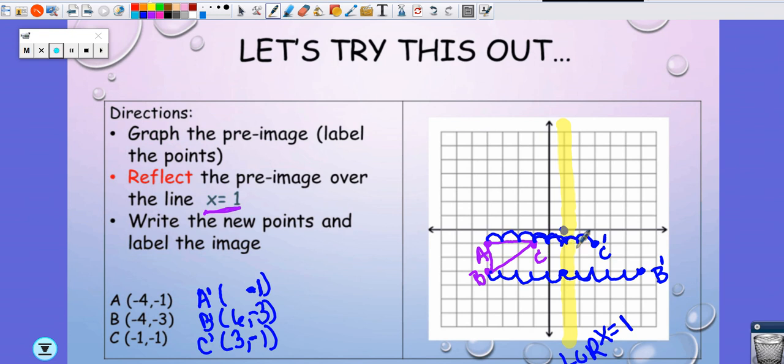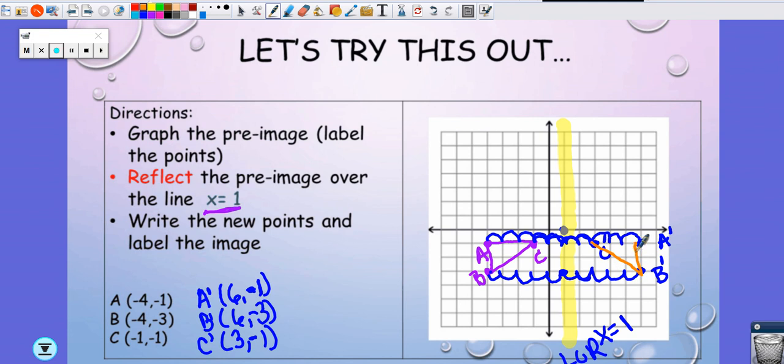And so I need to go 1, 2, 3, 4, 5 right there. And that becomes my A prime. And my ordered pair was 1, 2, 3, 4, 5, 6, and -1. So 6 and -1.